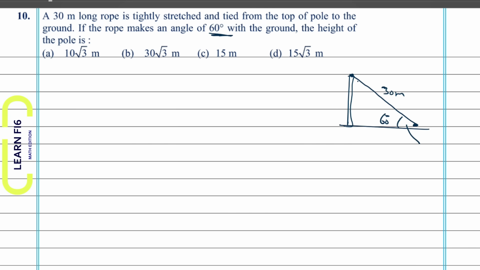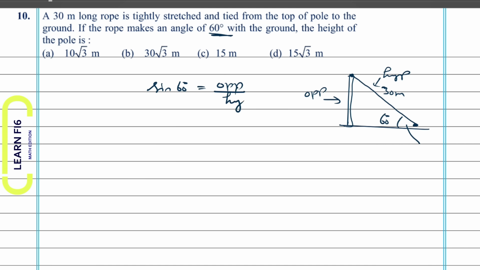Here the reference angle is taken here, which means this part is the opposite side and this one is the hypotenuse. We know the trigonometric ratio which relates the opposite and hypotenuse, that is sine theta. So sine 60 is equal to opposite divided by hypotenuse.